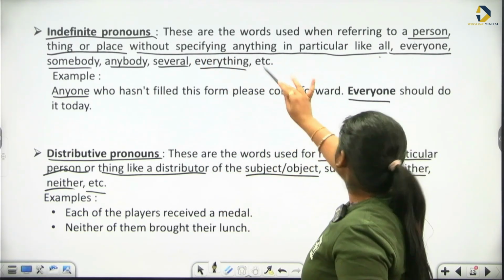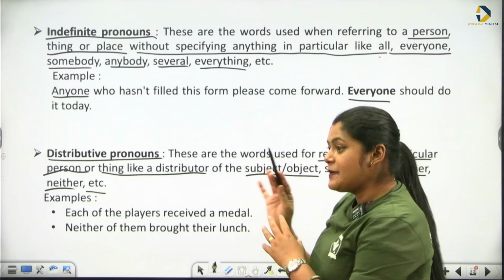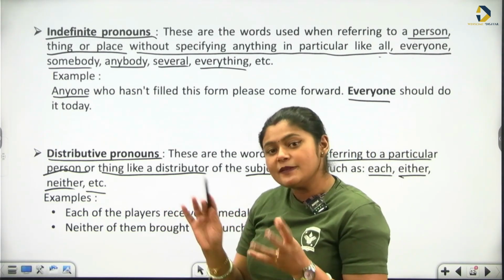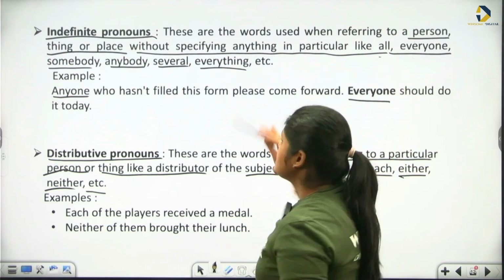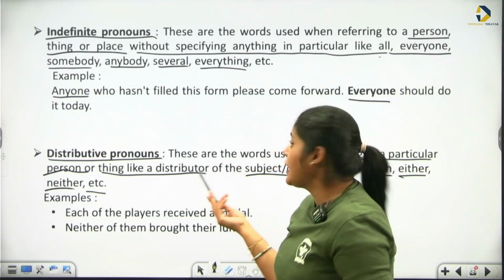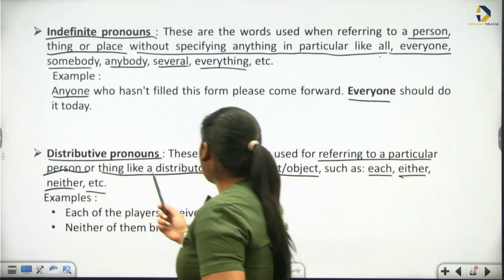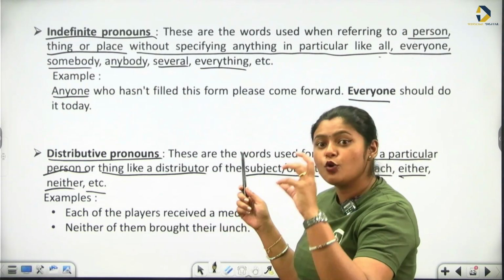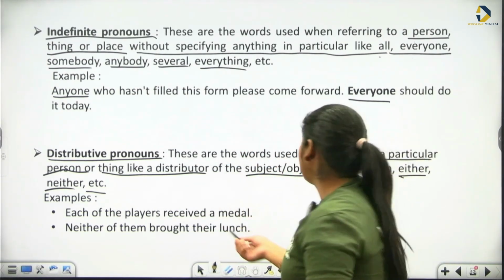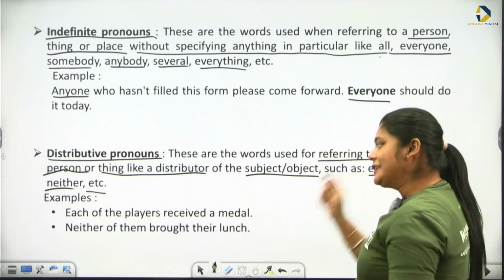Indefinite pronouns क्या था? जब हम specifically signify नहीं करते, जैसे everyone, somebody, anybody, that is indefinite pronoun. Distributive pronoun क्या है? These are the words used for referring, जो हम एक particular person और thing को refer करते हैं. For example, each, either, neither, etc.